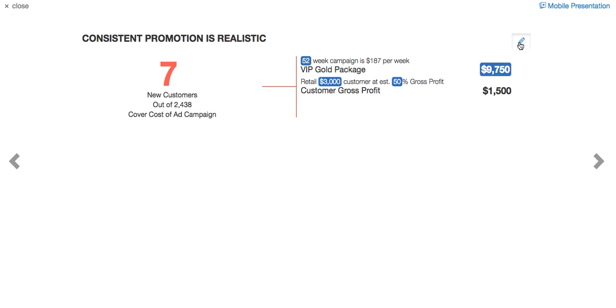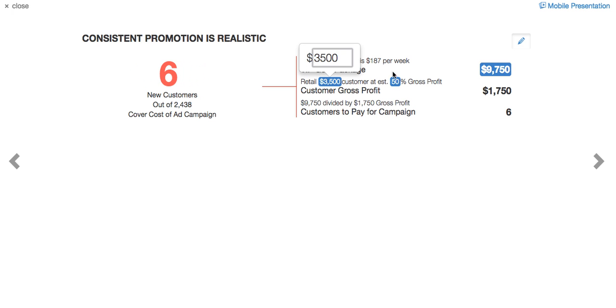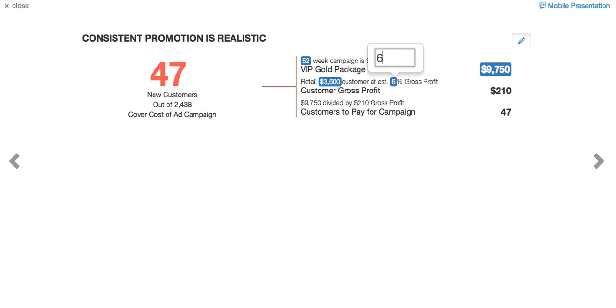And so the dealer might say, well, we make $3,500 on a vehicle, and our gross profit is 60%, okay? And look at that. Now they only need 5 new vehicle sales over the next 52 weeks. Because it's their information, it's credible for them.